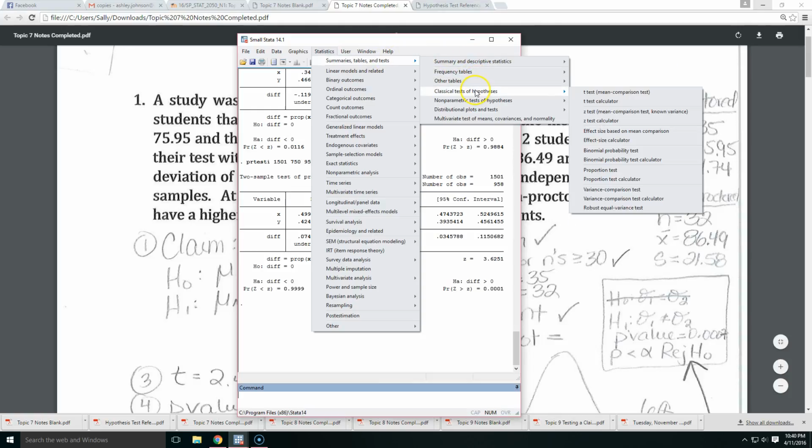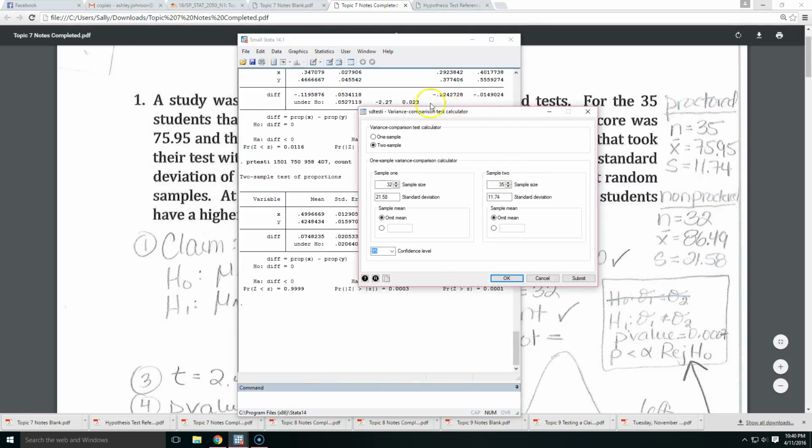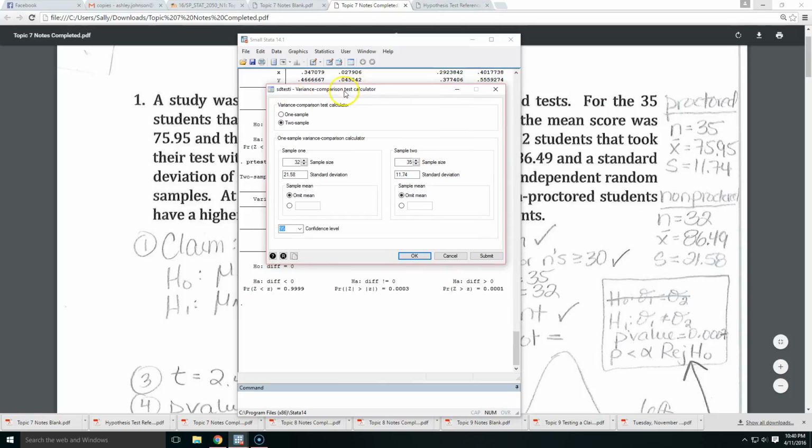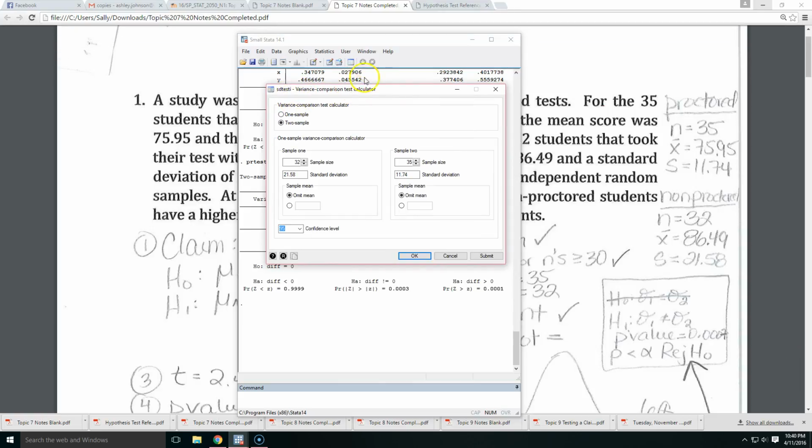We want the classical tests of hypotheses, and we are going to be doing a variance comparison test calculator. So we're not telling Stata a big list of data that we wanted to analyze. We have the summary statistics, and we want the analysis to be based off the data that we enter. So this is going to be the variance comparison test calculator.